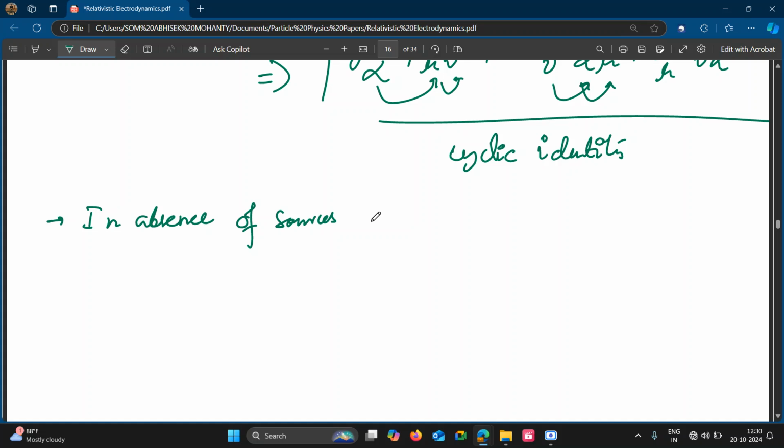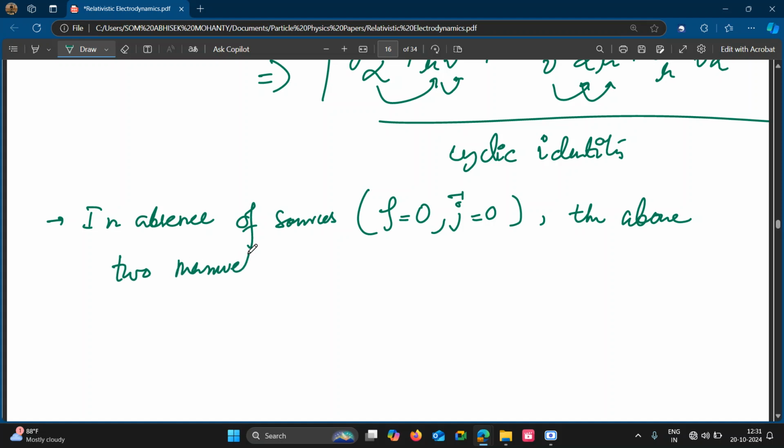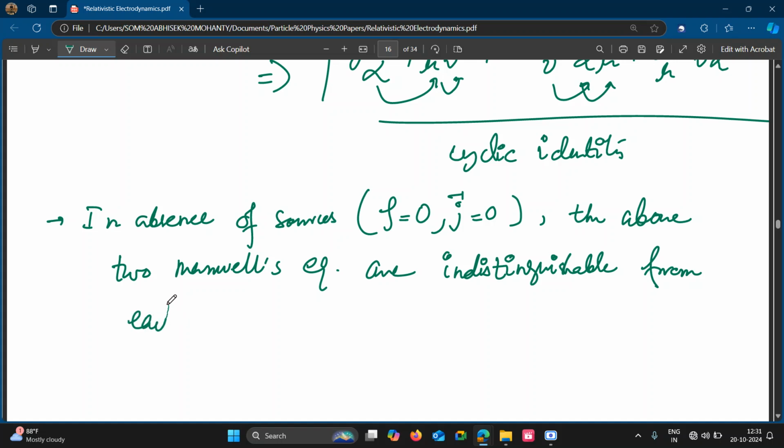In absence of sources, that is rho is equal to 0, J is equal to 0, the above two Maxwell's equations are indistinguishable from each other under the transformation.